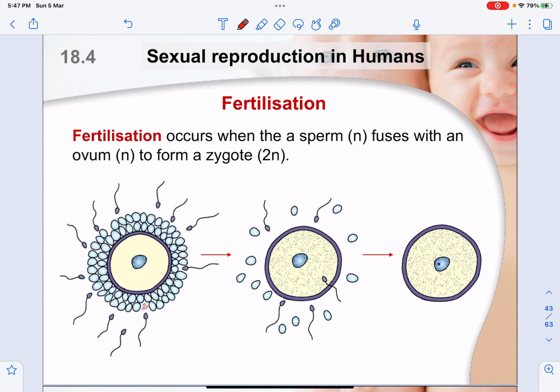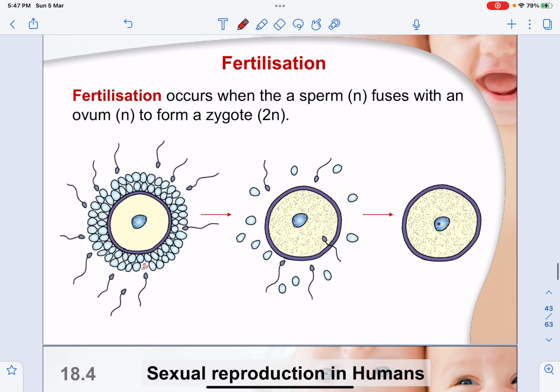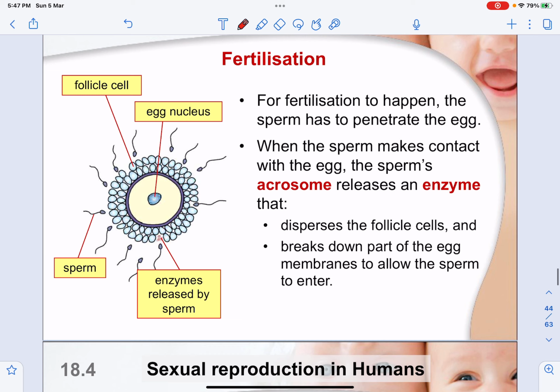It usually occurs when the sperm that has a haploid number of chromosomes, N, fuses with the ovum, also N, to form a zygote of 2N, which is a diploid condition. Only one particular sperm will meet that fusion. For fertilization to occur, the sperm has to penetrate the egg.